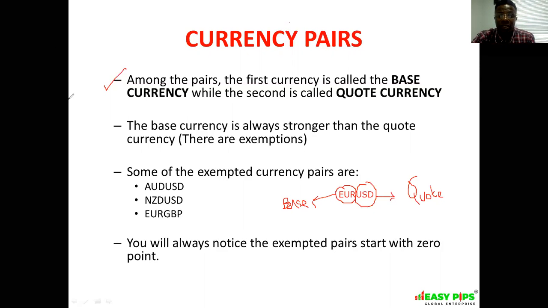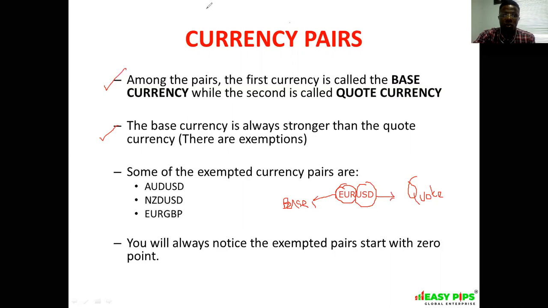And the base currency is always stronger than the quote currency. Anytime you see a currency appear first before the other, that means most times it is stronger than the other one.